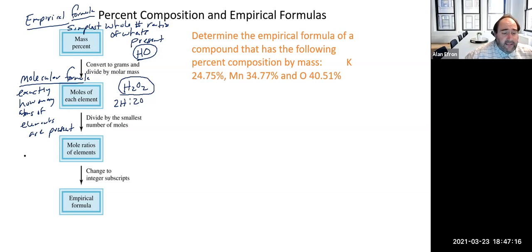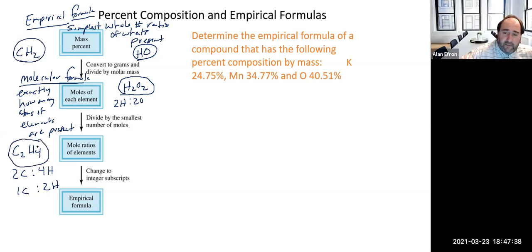Same thing if you have C2H4, if that's the molecular formula, that's two carbons for every four hydrogens. That's the same as one carbon for every two hydrogens, which means the empirical formula for that guy would be CH2. So the molecular formula tells us exactly what's present in terms of the elements. The empirical formula doesn't necessarily tell us that.